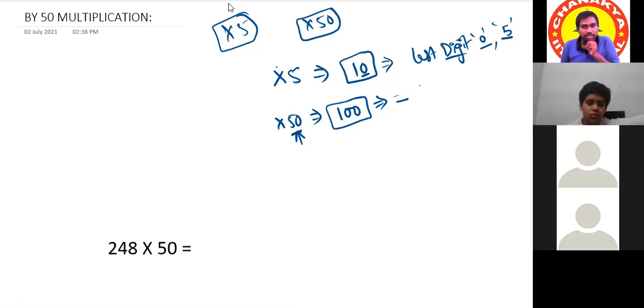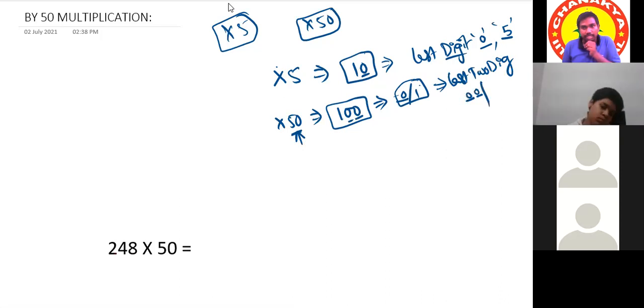What are the 2 remainders? 0 and 1. If 0 is the remainder, we have to place the last 2 digits because our base consists of 2 zeros. So if the remainder is 0, write 2 zeros at the end. If the remainder is 1, write 5 0 at the end. Simple, right?